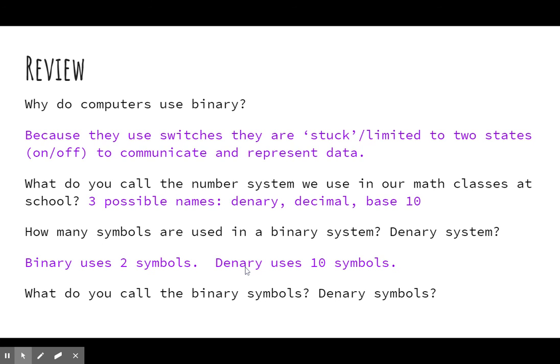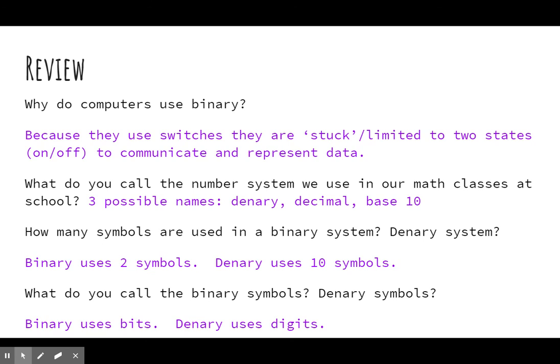What do you call the binary symbols? How about the denary symbols? Binary uses bits. Denary uses the word digits. So when we're talking about binary and the symbols that we use, the 1 or the 0, we call them bits.